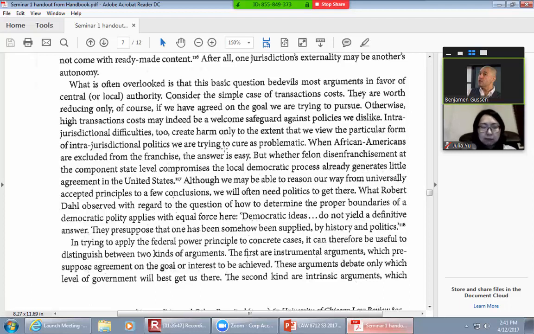So an example, when African Americans are excluded from the franchise, the answer is easy. But whether felon disenfranchisement at the component state level compromises the local democratic process already generated little agreement in the United States.